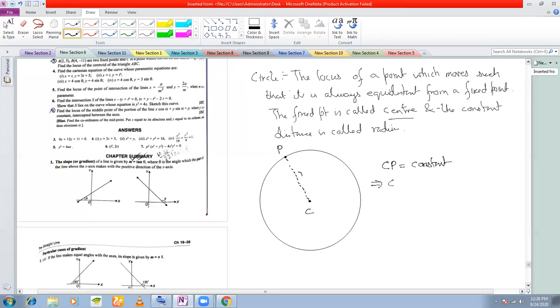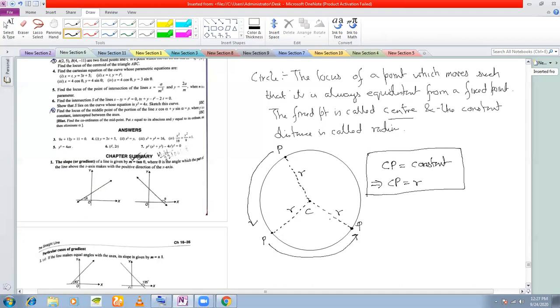If we take the radius as R, then CP will always be R. Whether you take the point here or here, it will remain R. If the point moves from here to another point, still the distance remains R. So this geometrical condition, that the distance is constant from a fixed point, is the actual definition.